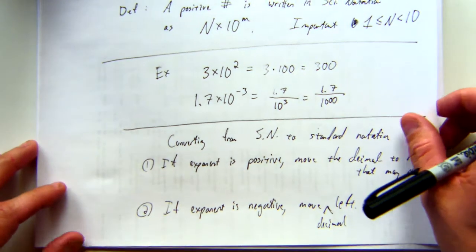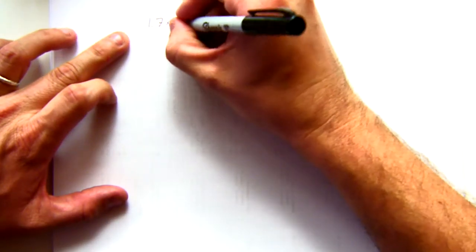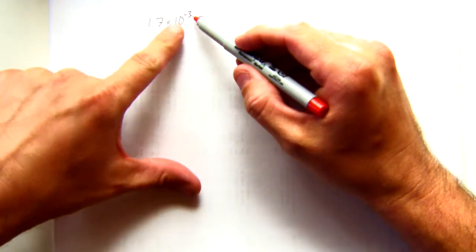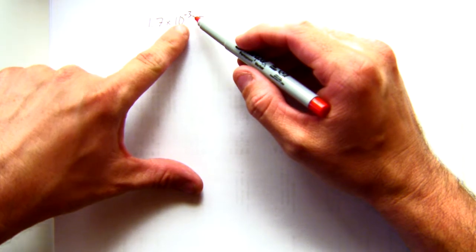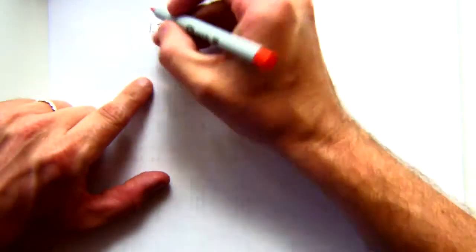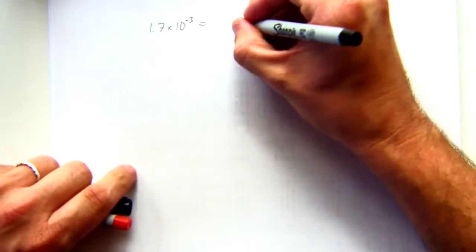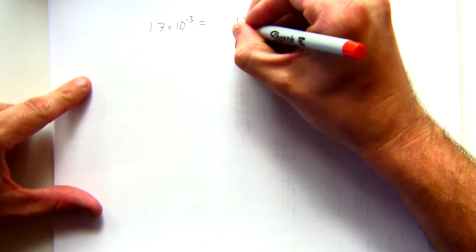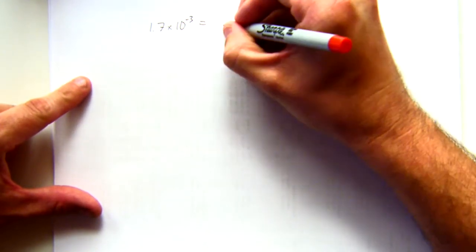Let's do some examples. So again, let's just take the one that we left off there. 1.7 times 10 to the negative 3. Okay, when I move the decimal, how many places? You look at your exponent, you're going to move the decimal 3 places. Which direction? Left. So if you want, you can write your 1.7 down. Then you're going to move it to the left. 1, 2, 3.